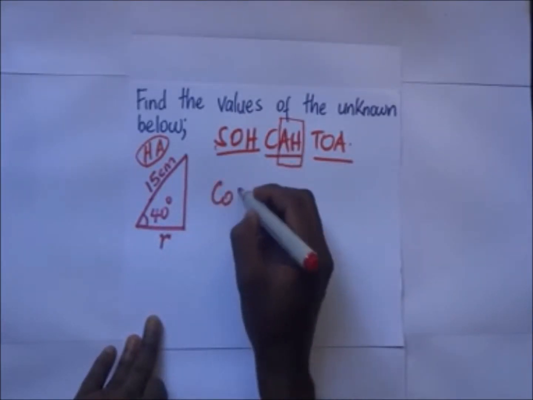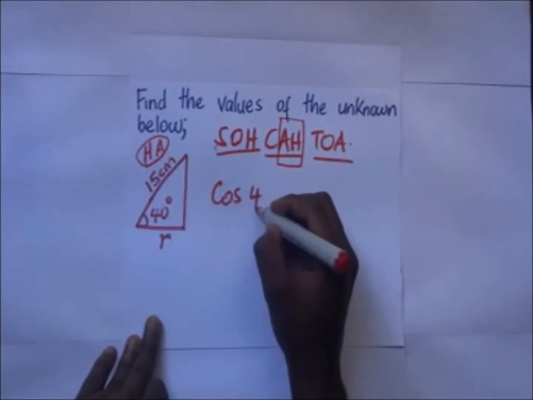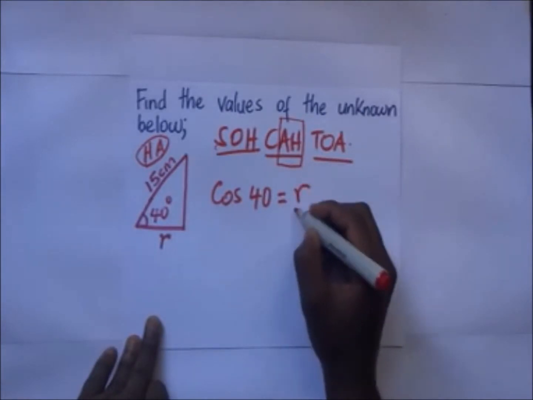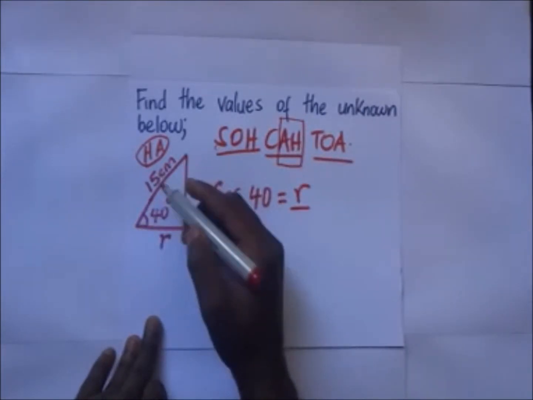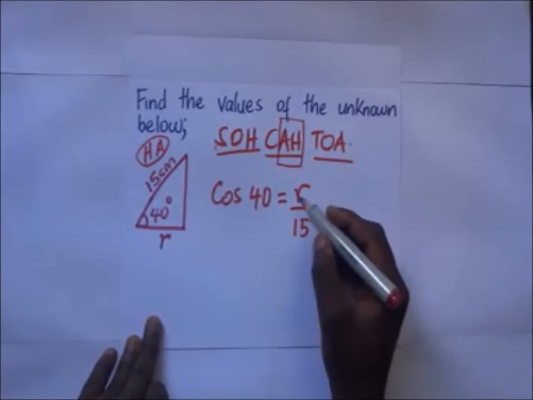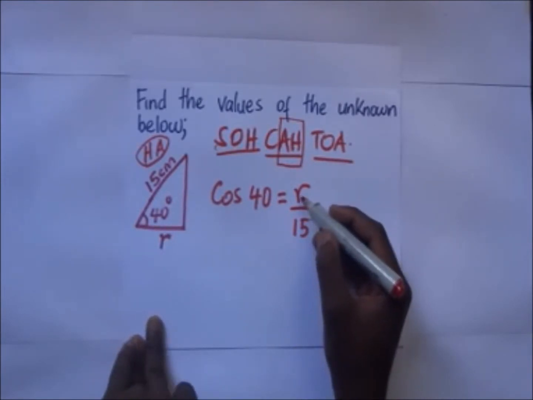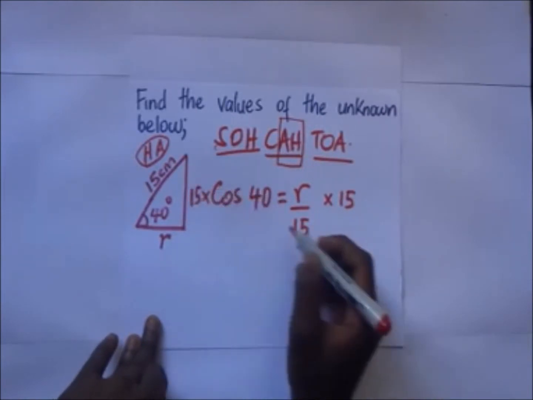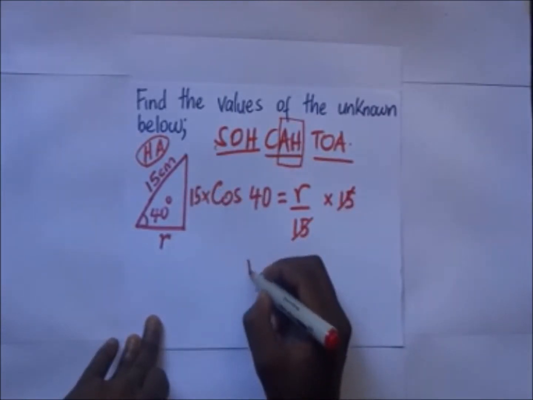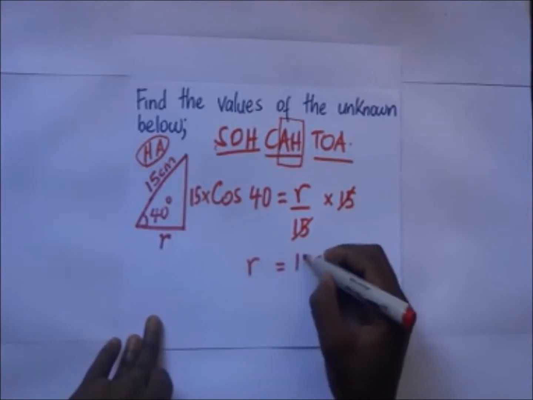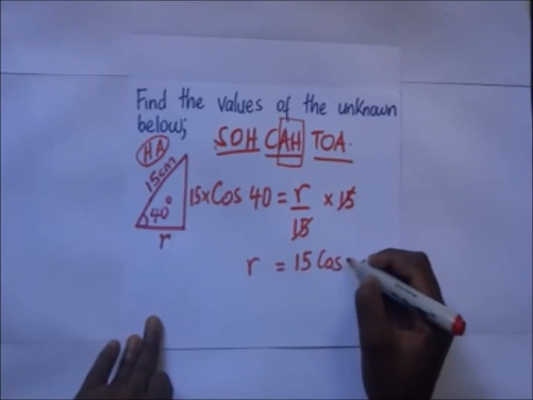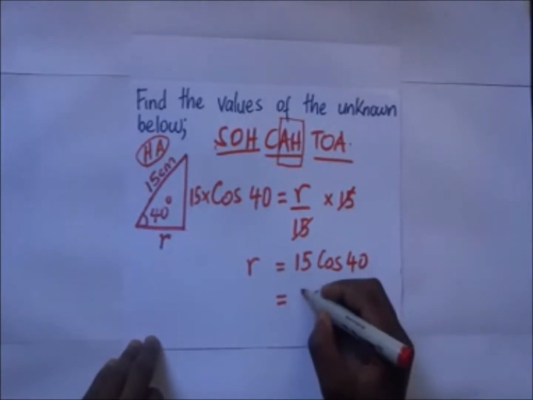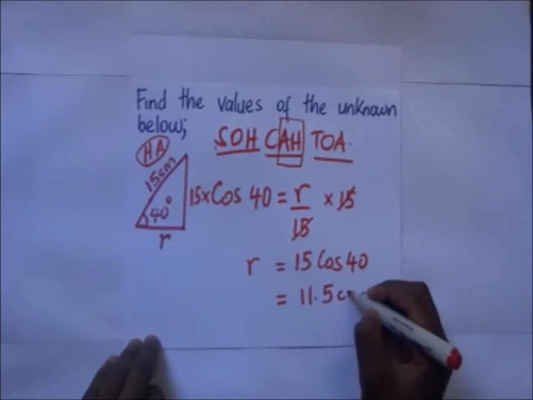So cosine of 40 is equal to the adjacent, which is the r we are looking for, over the hypotenuse, which is 15 centimeters. When we make r the subject of the formula by multiplying 15 on both sides, we remain with r equal to 15 times the cosine of 40. The answer is 11.5 centimeters.